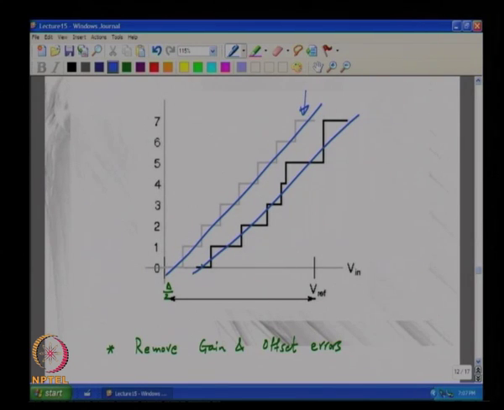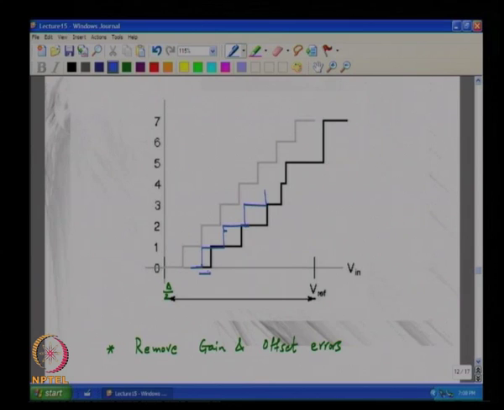So, if I add offset to the ideal, if I moved the ideal over just by the right amount, and if I change the slope of the ideal staircase by the right amount, then my ideal staircase would probably look like something like this, you understand.